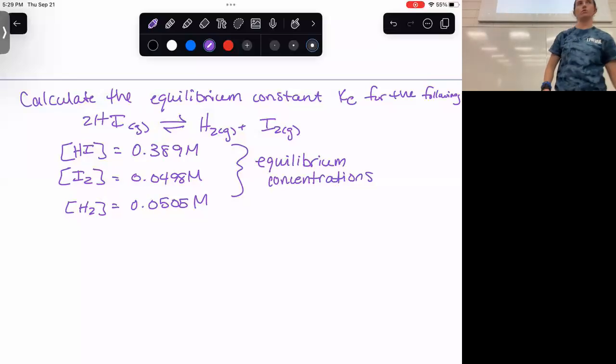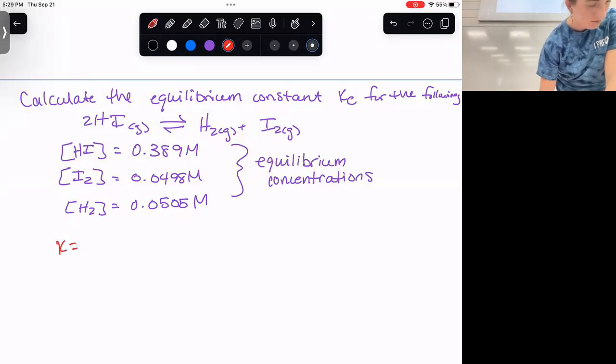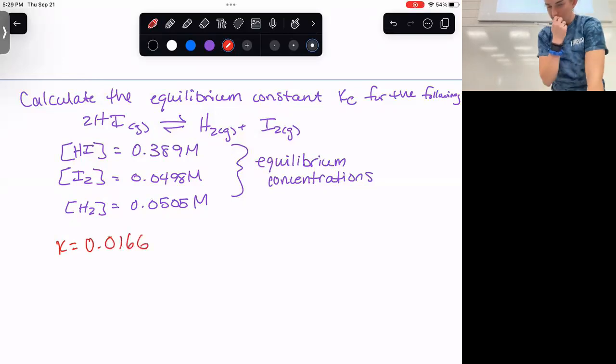Alrighty, did we get a K value? What did we get for K? 0.0163164, so about 0.0166. That's the correct sig figs as well, to 3. Yes. Okay, and someone want to tell me how they solved this?